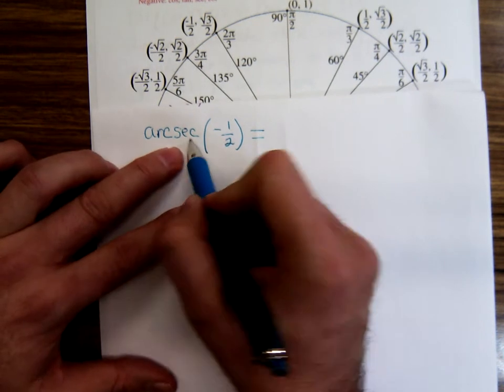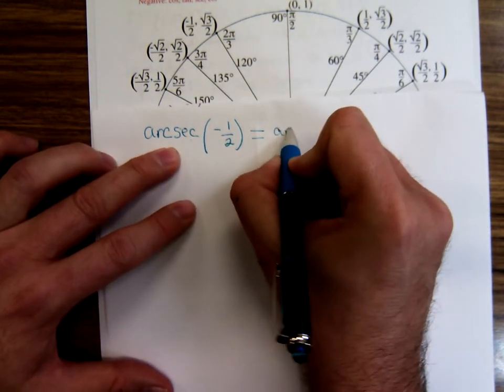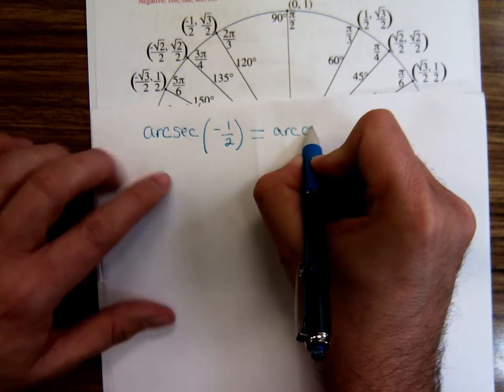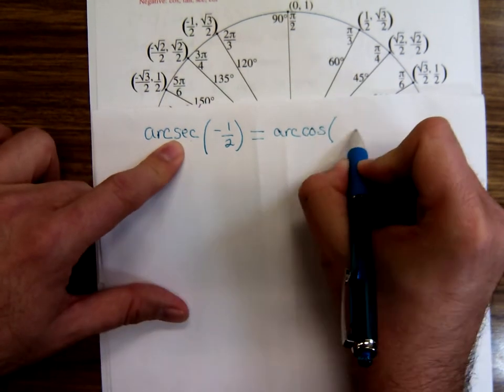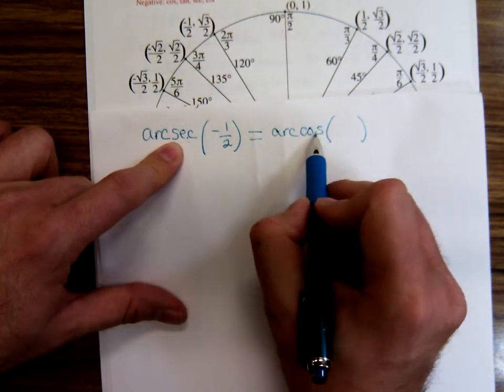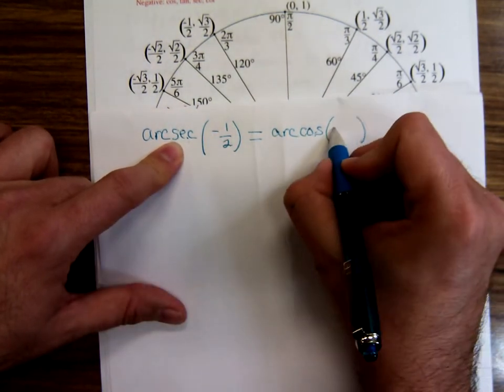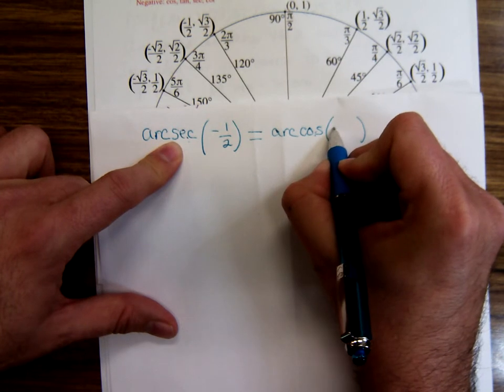The reciprocal of secant is cosine. So the reciprocal of secant is cosine. The reciprocal of -1/2 is, say it again, -2.